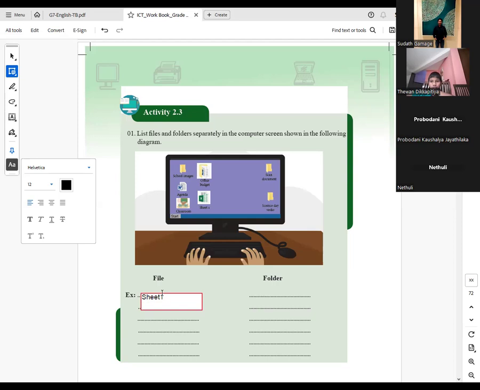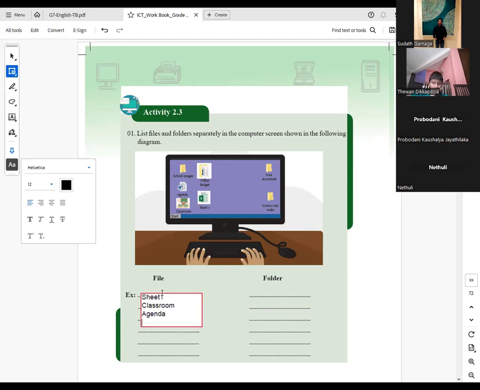Then Classroom, yes. What is that Word document? Agenda. That's all.